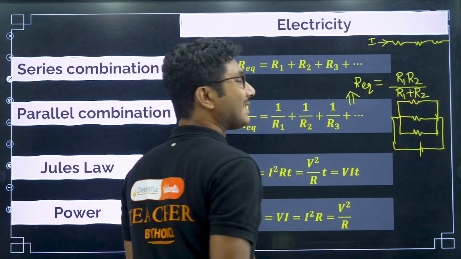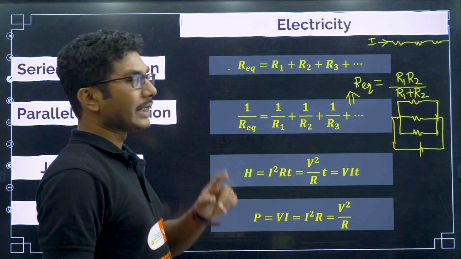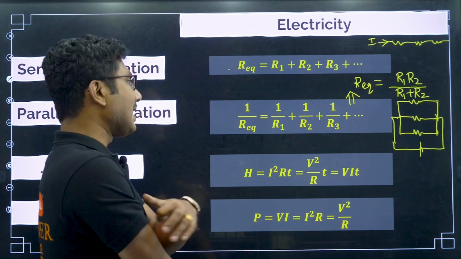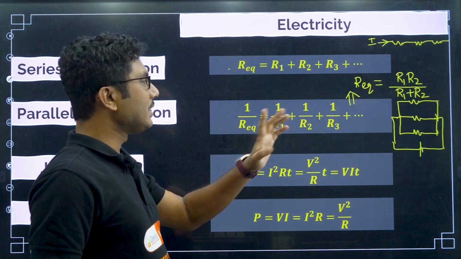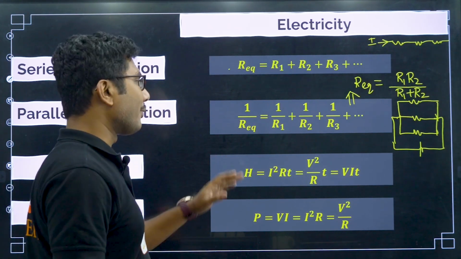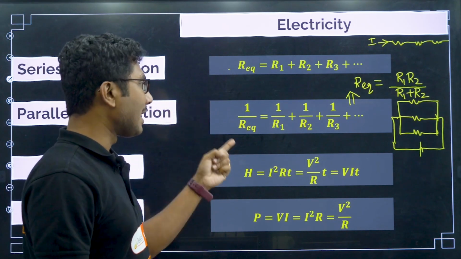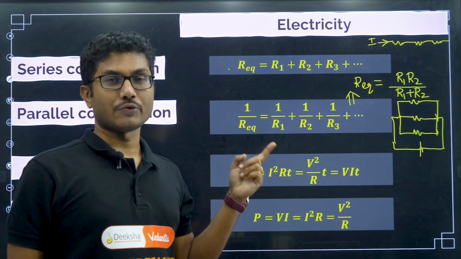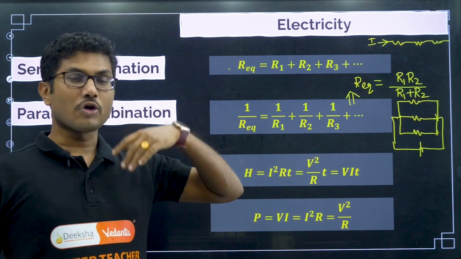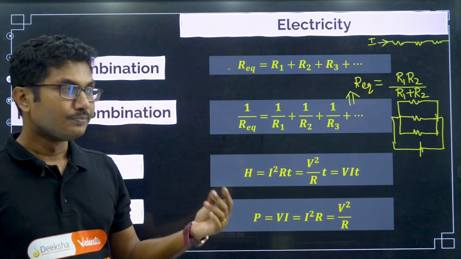Now why remember this? Because in many cases, if there are only two resistors, I have seen students write the formula correctly, but while solving they forget to take the reciprocal. So 1 by R equivalent is what you are calculating, so the final answer should be the reciprocal of that, that is R equivalent, right?